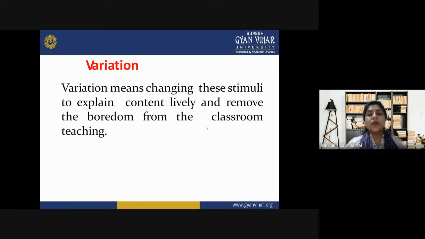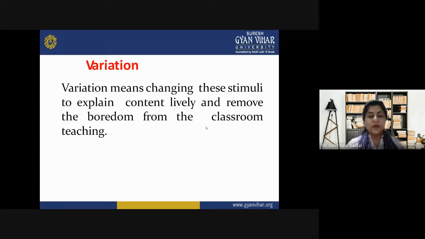So it is very important that there is such variation in the teacher's teaching. It should not be one way only, it should not be boring or monotonous, and the teacher's interest in teaching is reflected on the students' faces.